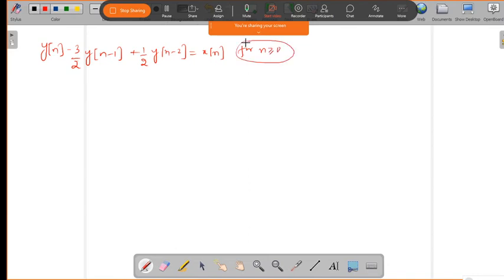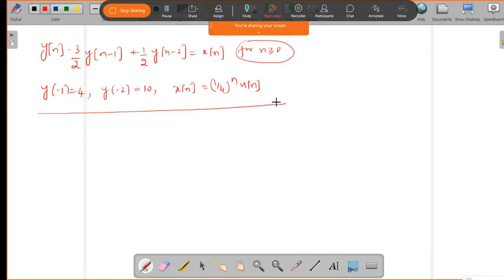So you have to use unilateral Z transform with initial conditions y of minus 1 equal to 4, y of minus 2 equal to 10, and x of n will be given as 1 by 4 power n into u of n. Okay, so find out the response of the system or solve the difference equation using unilateral Z transform. Okay, try to find it out, get the answer.